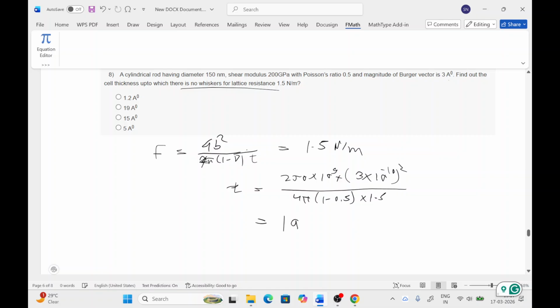So we'll get 19 angstrom from this. So the second option is correct.